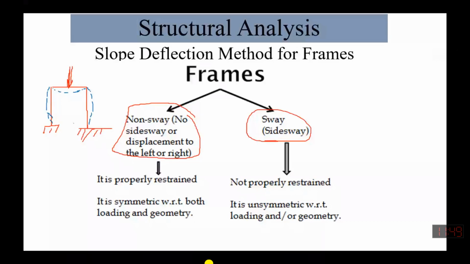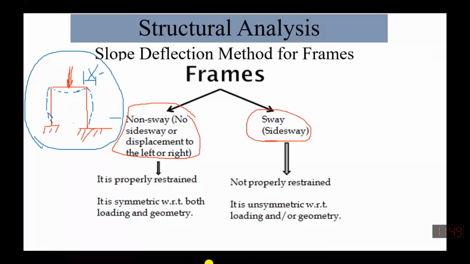Now, by this analogy, there is no lateral movement; the lateral movement is equal to 0. So this frame is no more undergoing any lateral deformation. Then we say that it is a no sway case.